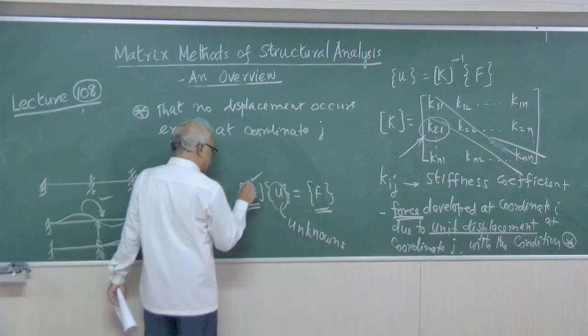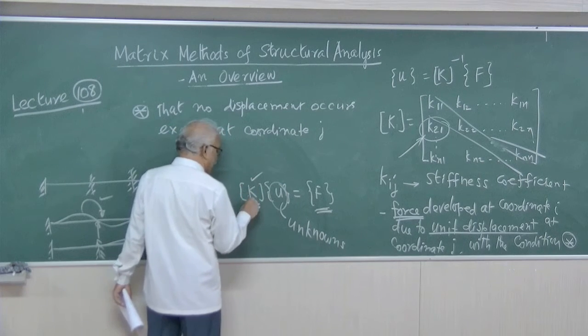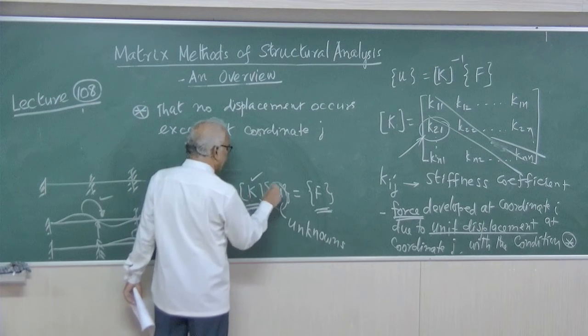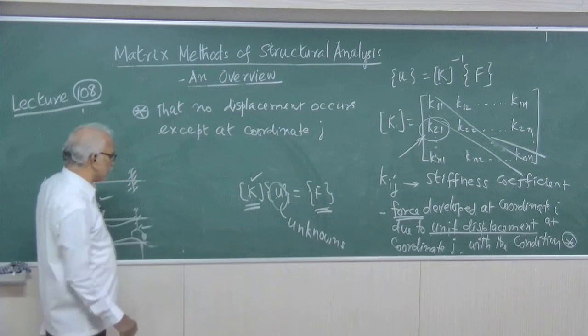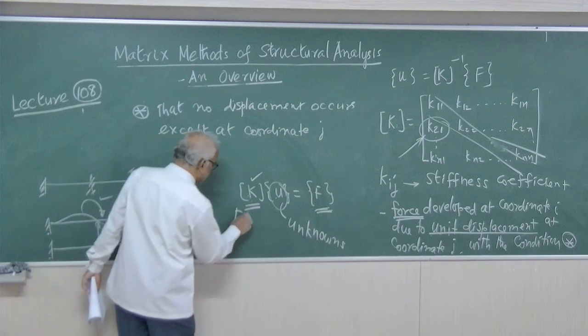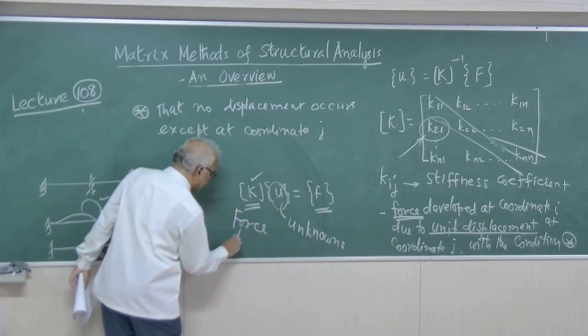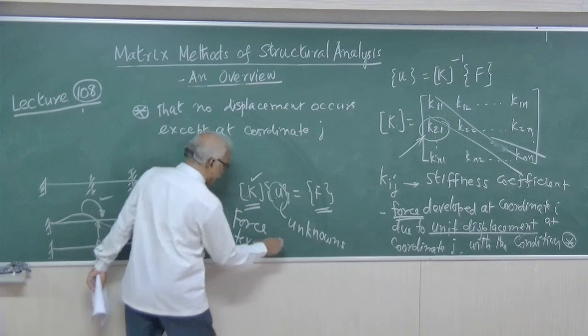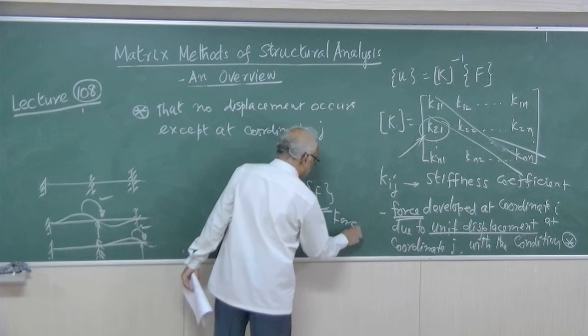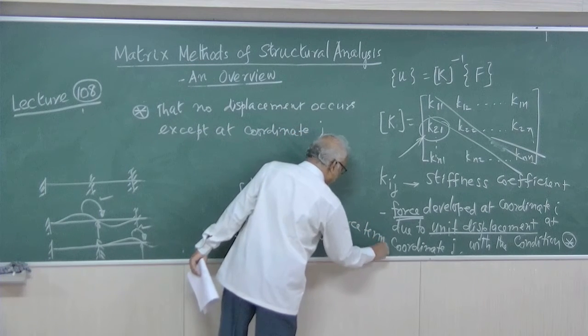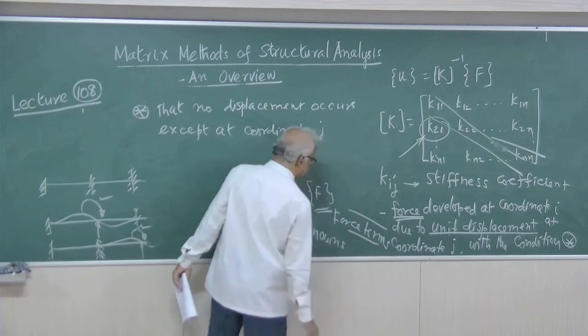Then these are the forces due to the unit displacements. Multiplied by the displacement will give you F. That is the equilibrium equation. So these are force terms, and here also force terms.